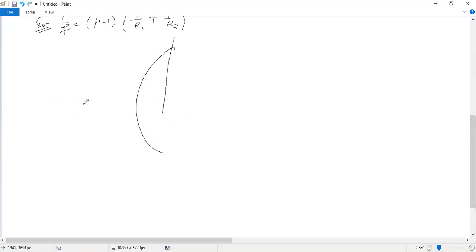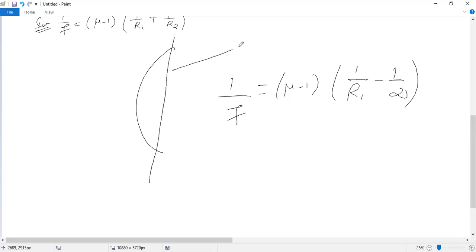So like this, plano. Then use the formula 1 by f equal to mu minus 1 into 1 by r1 minus 1 by infinity. For plano, the radius of curvature value is infinity.